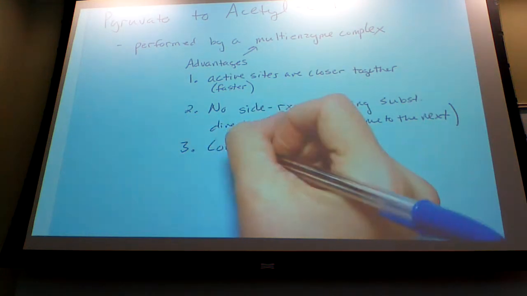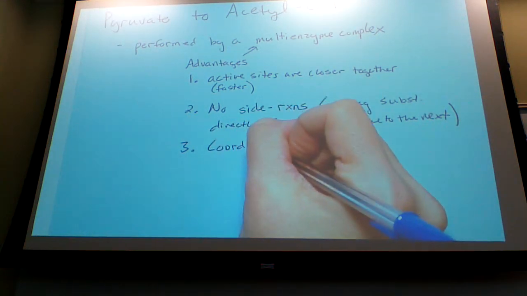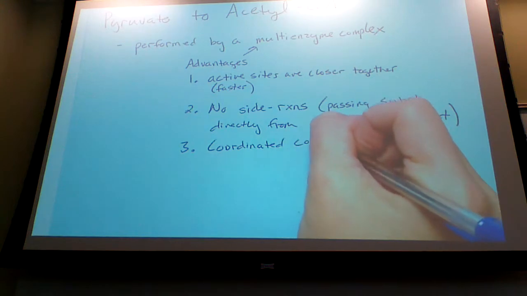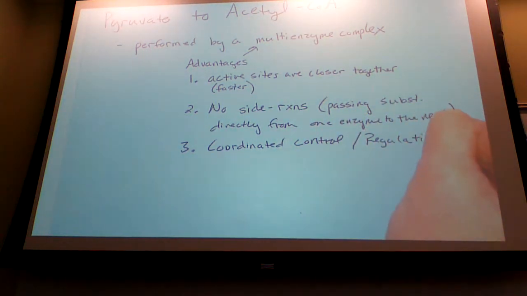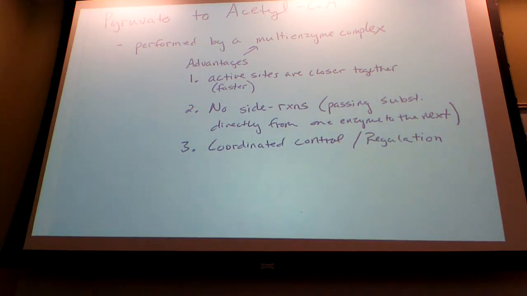Coordinated control of regulation. So, I mean, you guys have been regulated to death at this point because we've just gone through all those allosteric activators and inhibitors and phosphorylation events that regulate glucose metabolism.